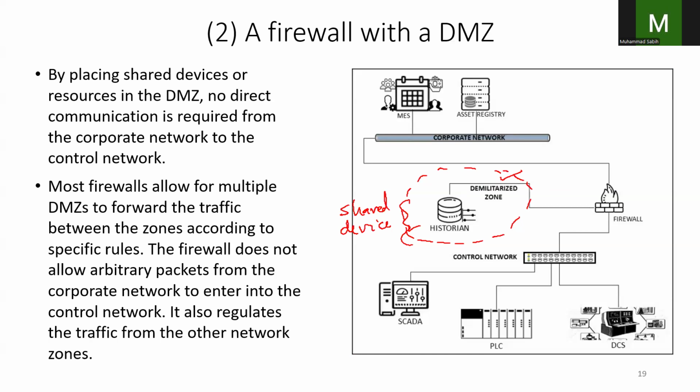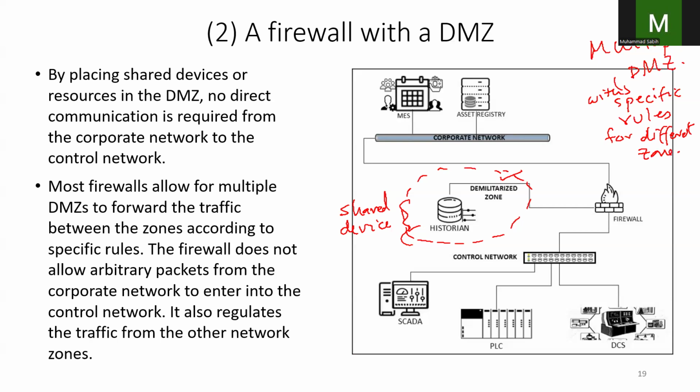More modern firewalls can support multiple DMZs, and we will see why. They are configured with specific rules to allow or block traffic for different zones, because every zone may have different traffic or requirements.